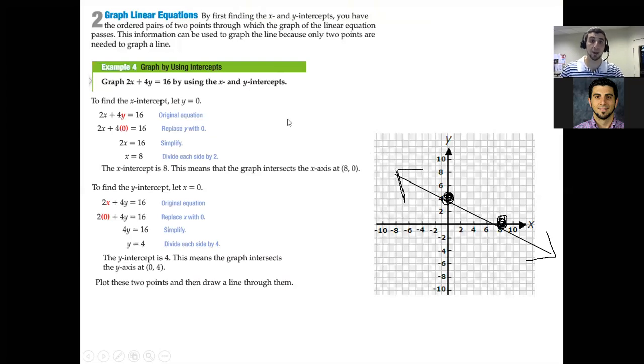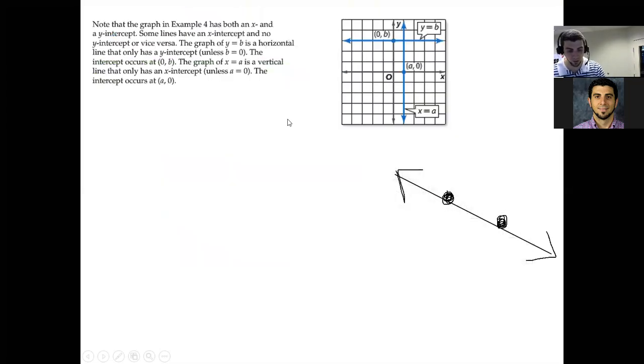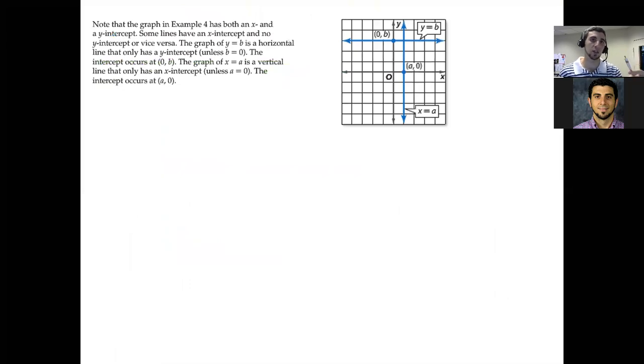All right, so here's one for you to try. No, we're not there yet. Sorry about that. Note that the graph in example 4 has both an x and y intercept. And we talked about this previously in the last video. Some lines have an x-intercept and no y-intercept, or vice versa.